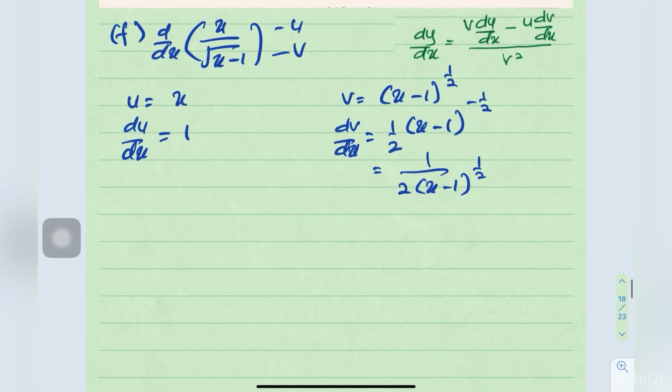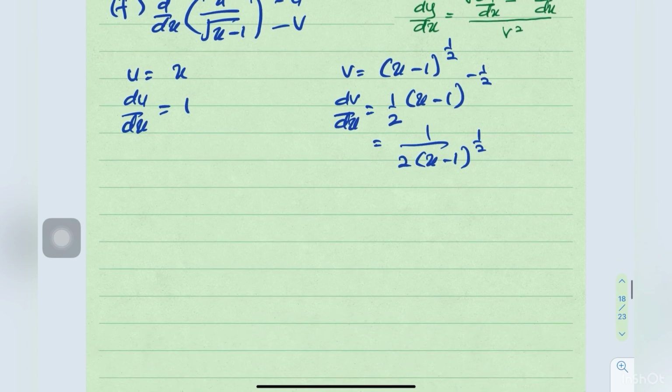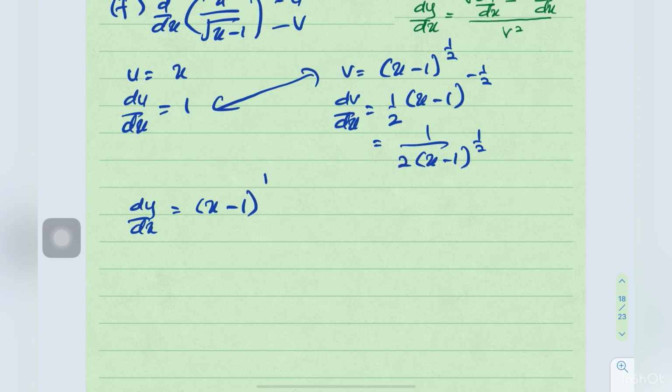Okay, so substitute into the formula. So dy/dx is v du/dx, okay. So (x minus 1) to the power of 1/2 minus x over 2, u dv/dx, okay, (x minus 1) to the power of 1/2.